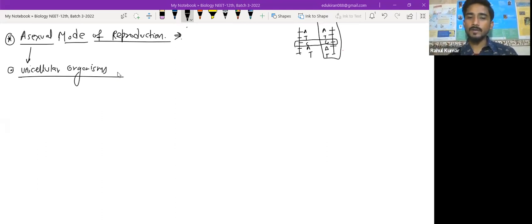In unicellular organisms, there is no process like sexual reproduction, gametogenesis, or fusion of gametes.